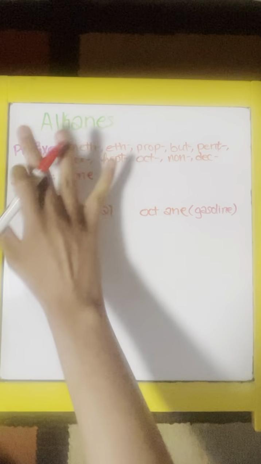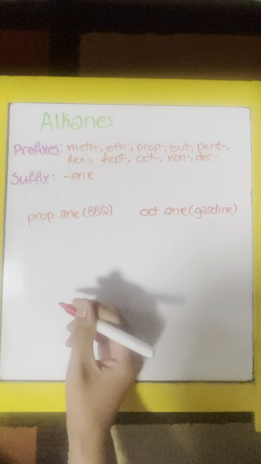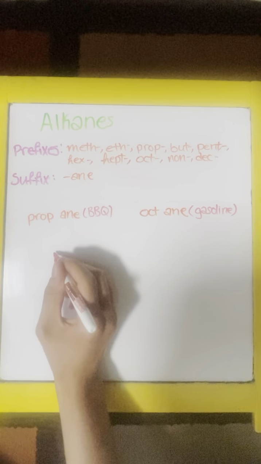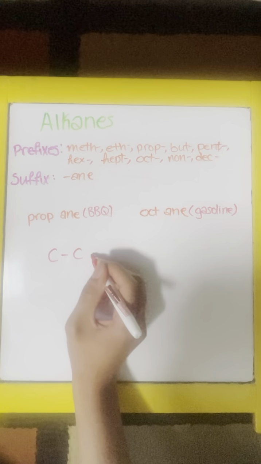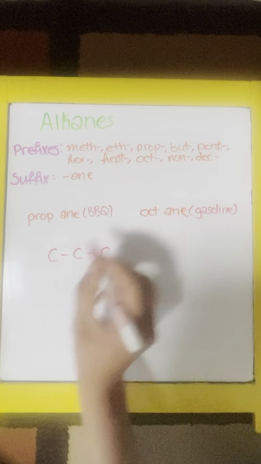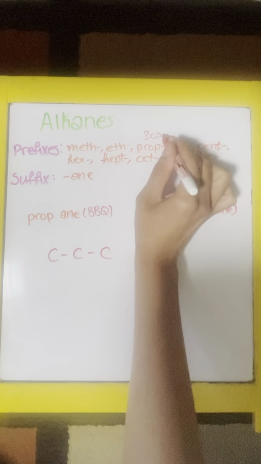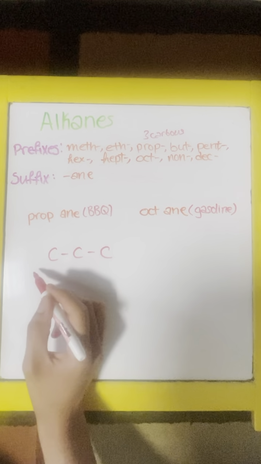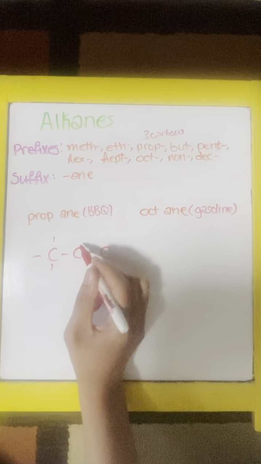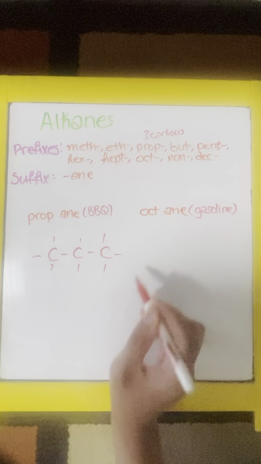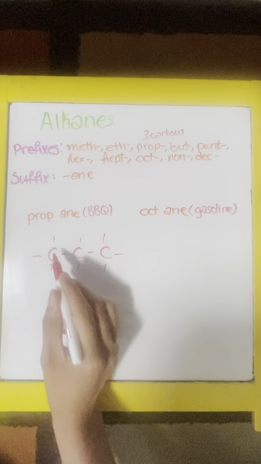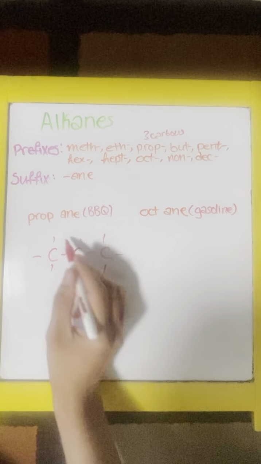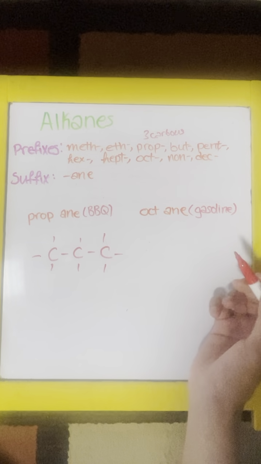Now how do we do this with alkanes? So one thing is we have C, C, C, because we have 3 carbons here. Now we have C's over here, and we're going to fill up the rest of the valence shell with these extra lines, because we know each C has 4 bonds, or possible bonds.